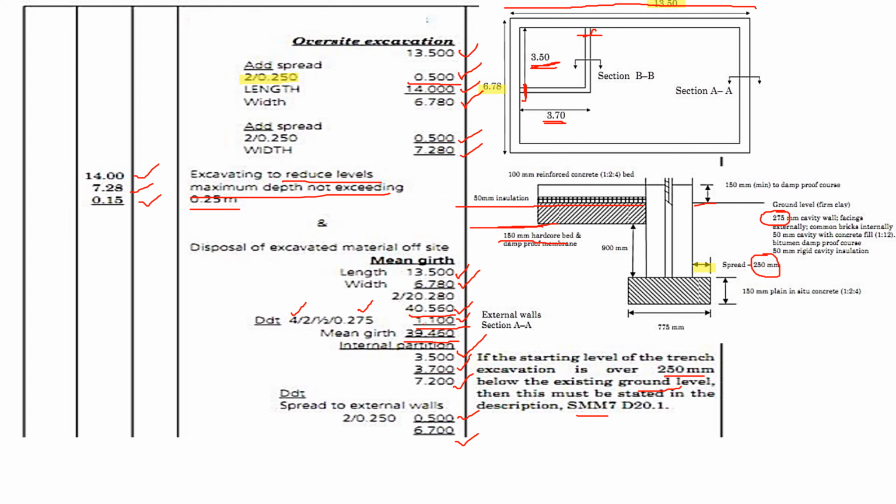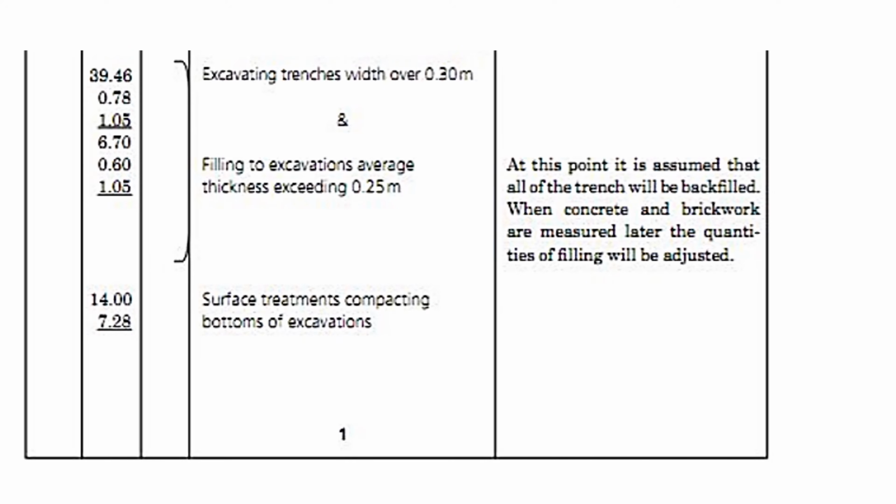Alright, so we shall go to excavating. When you're excavating the trenches, we shall excavate trenches width over 0.3. So the center line for the external walls, the width of the external wall, you remember it, we shall take the foundation strip, the width. Then we shall take the depth for excavation.